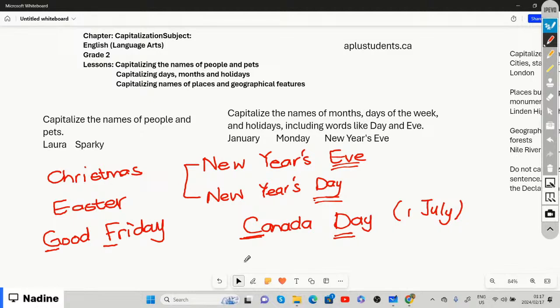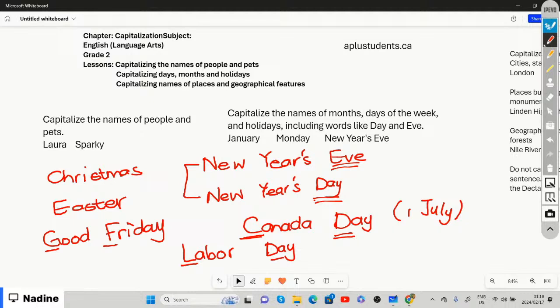And that is but just a few examples of holidays. So which means that we capitalize names of people, right, as well as pets. That is the actual name of your pet or the actual name of a person, right?